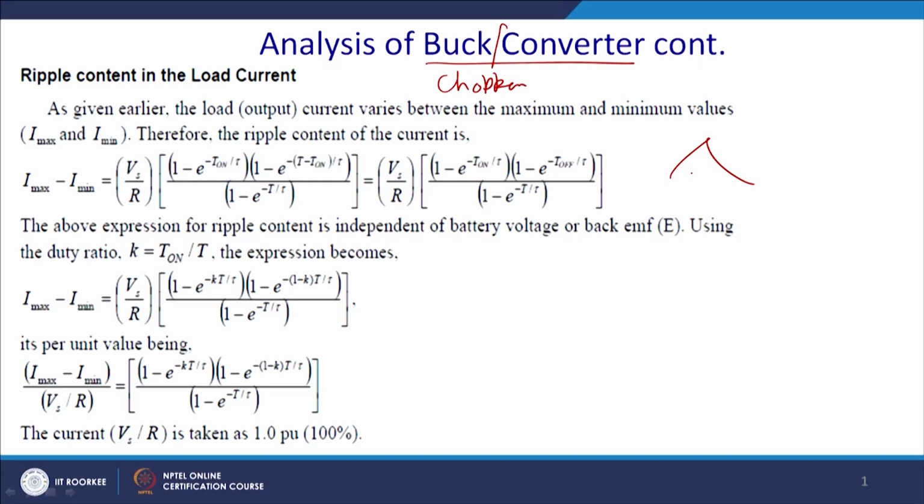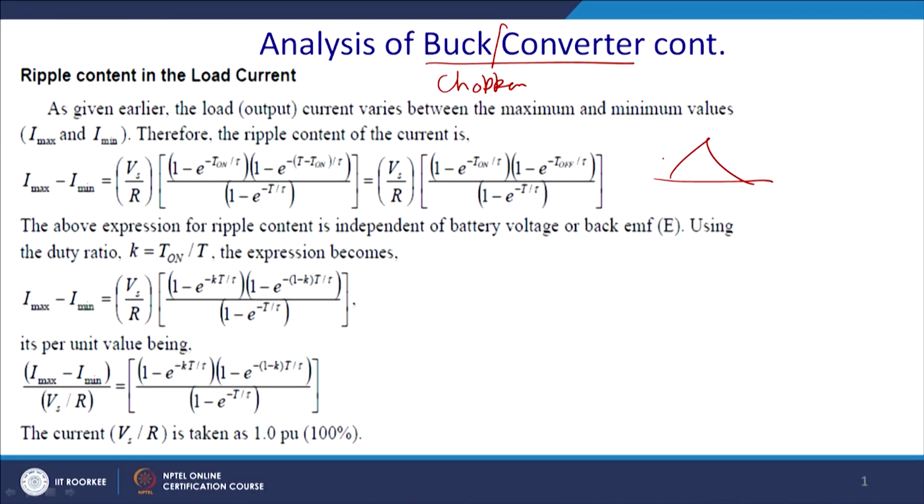And now, let us analyze the buck chopper for the concept of the ripple current, because we want a steady state current. We have seen that while turning on, the current goes to I max, thereafter it comes to I min for the continuous conduction mode, and this is the waveform for the critical conduction mode.